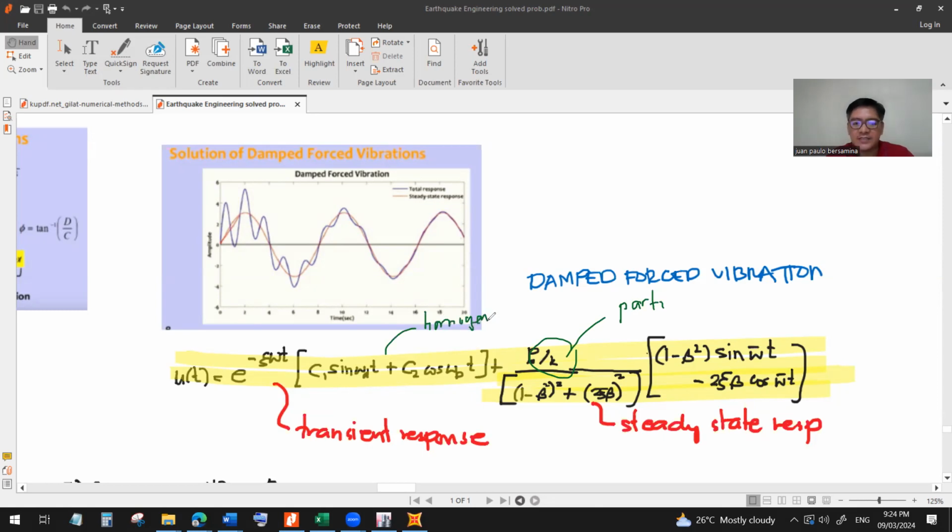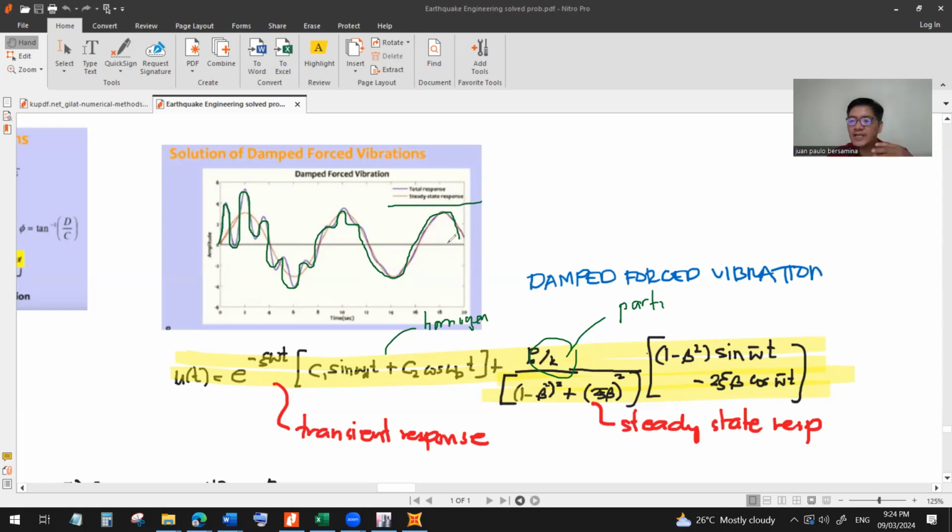Now, if you will notice, ito yung plot niya. So the total response is the blue. Total response. And at a certain time, mawawala siya. Ano yung matitira? Yung steady state response. Right? So what does it mean?